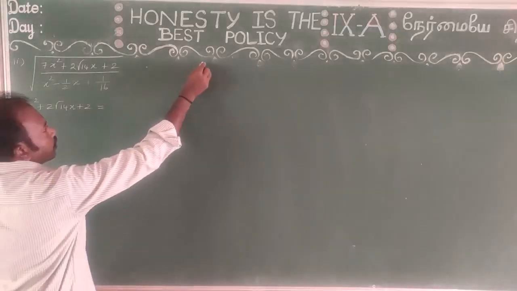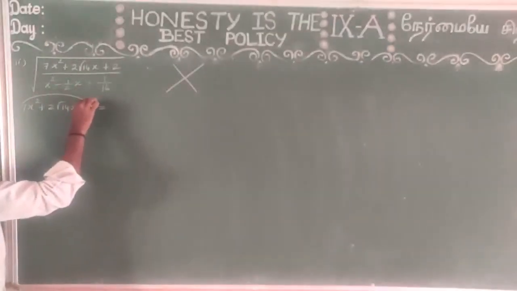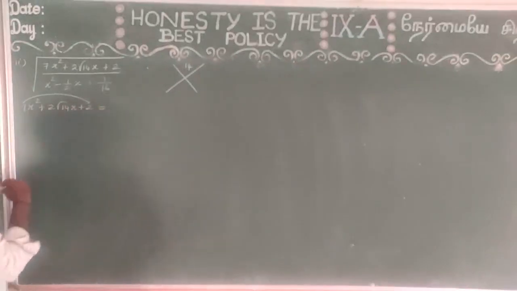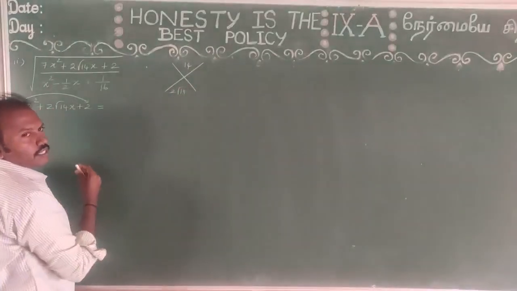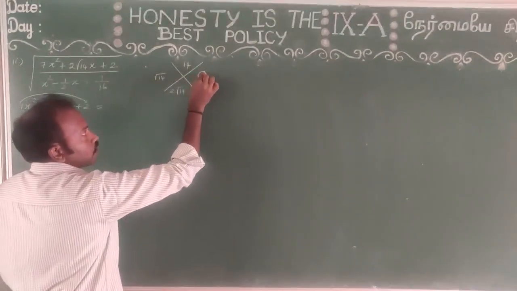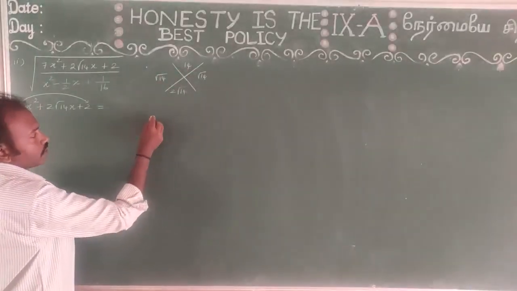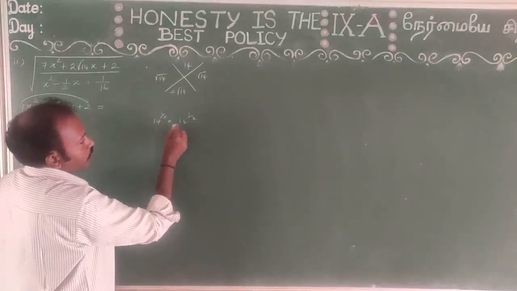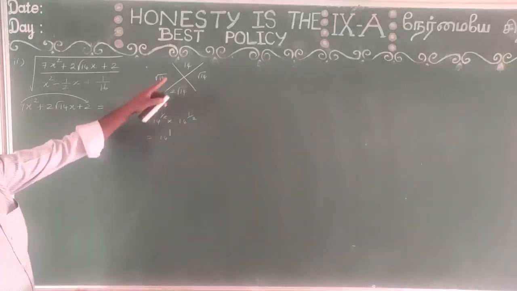To factorize, the product of the factors is 14, that means 7 twos are 14. Sum is 2 root 14. Here root 14 into root 14 is equal to 14. 14 to the power 1 by 2 into 14 to the power 1 by 2, we get 14 to the power 1, that is equal to 14.